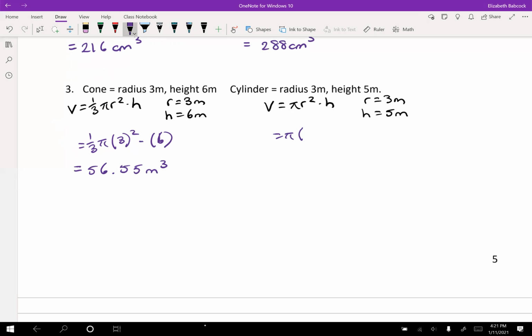Pi radius squared times height. Okay, note the large difference, even though these were only one off. Okay, the volume of a cylinder holds a lot more than the volume of a cone.